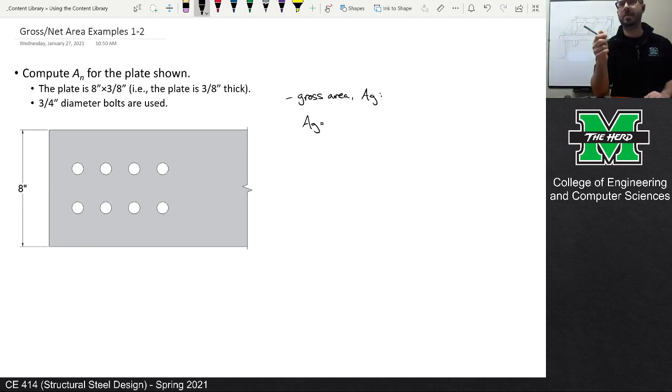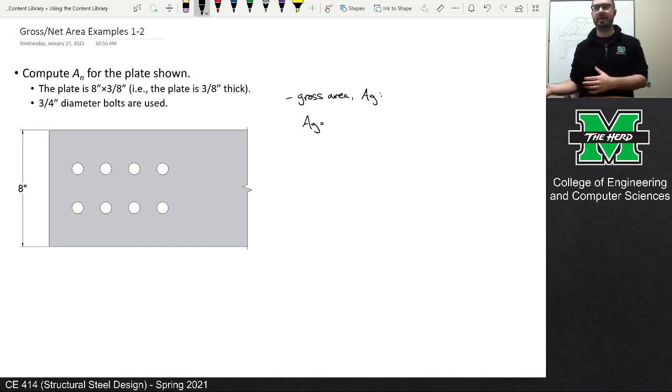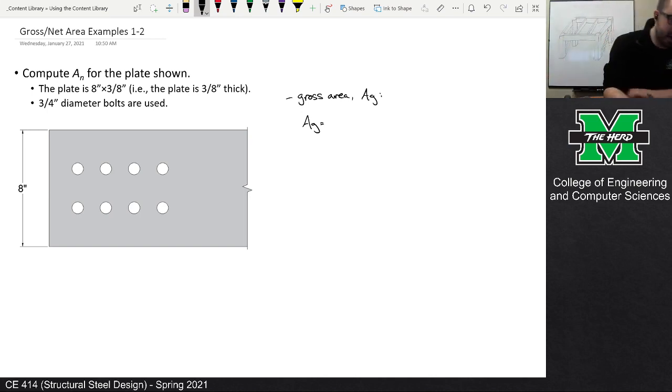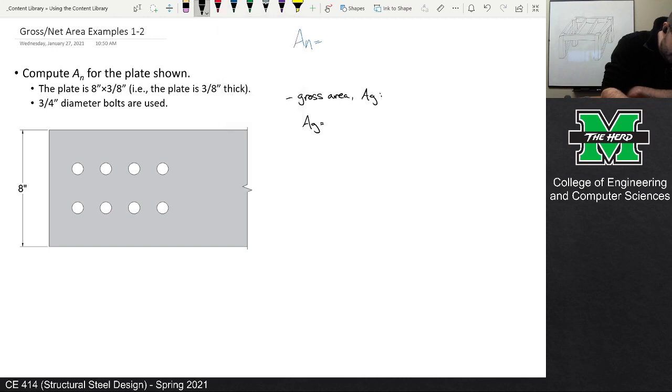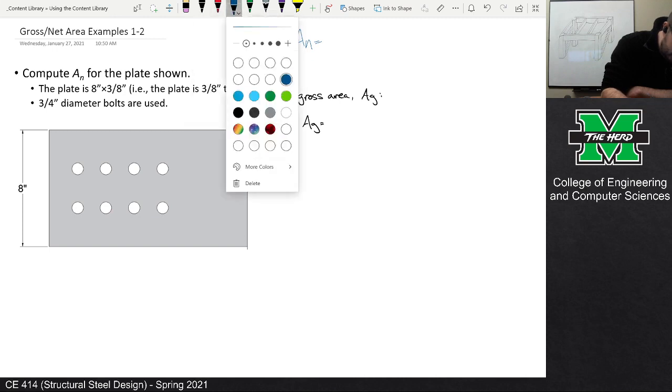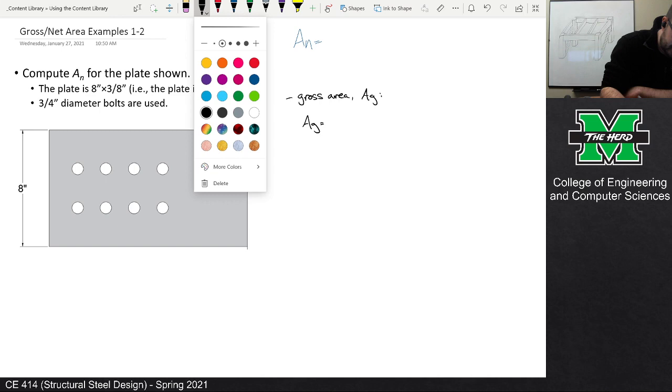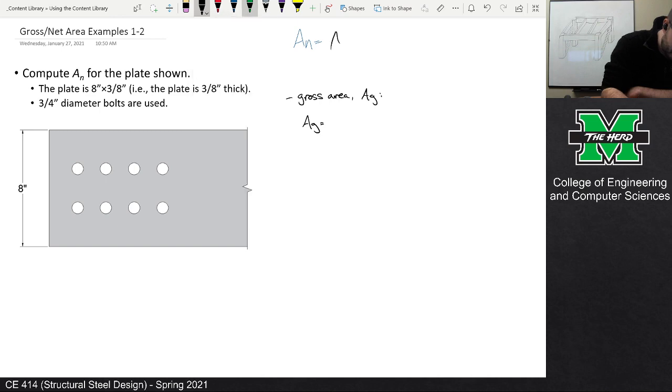Got it. So now, Mr. Ball mentioned the area of the plate minus the area of the bolt holes. That's for the net area. The formula that he mentioned was AG minus the area lost due to bolts.